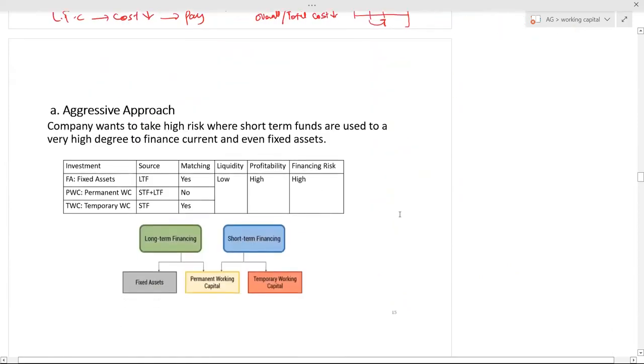And if you see the aggressive approach, in the aggressive approach the manager is using short-term funds to buy temporary working capital, as well as he is fulfilling his permanent working capital need through short-term funds.